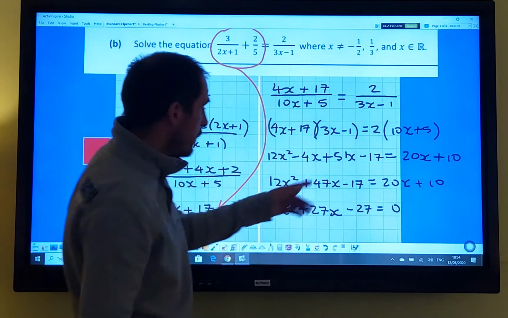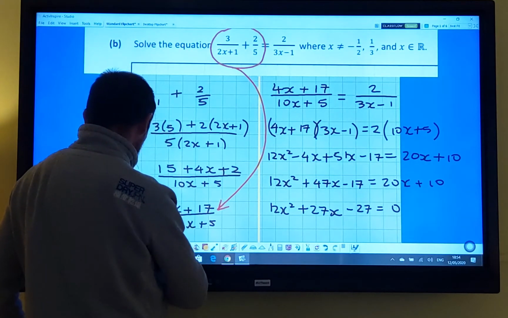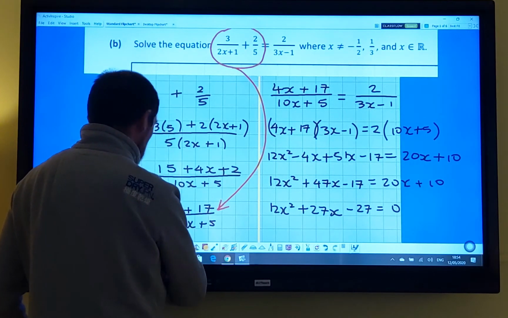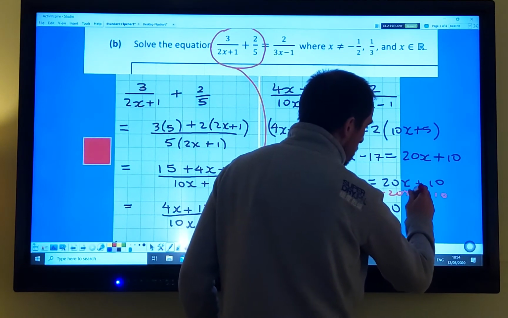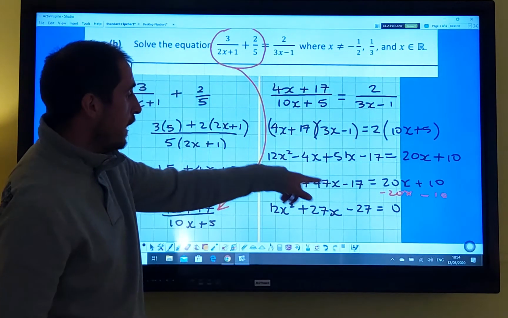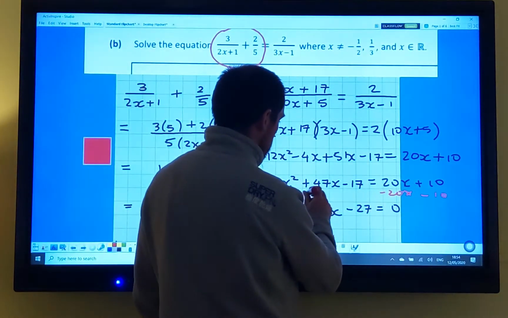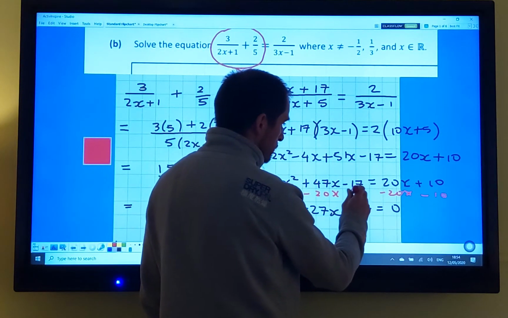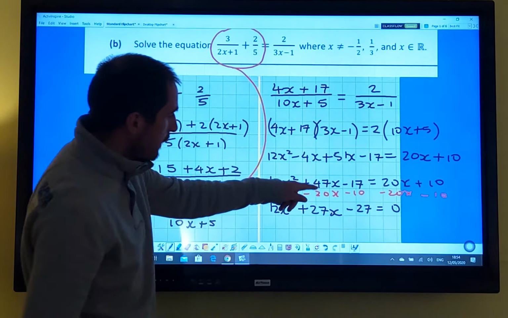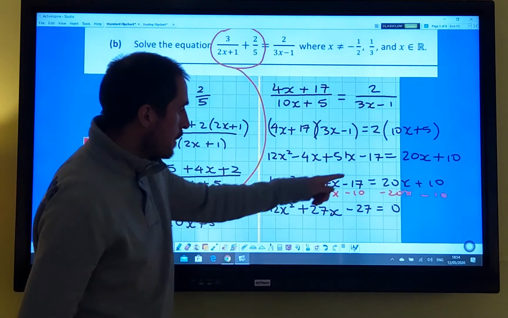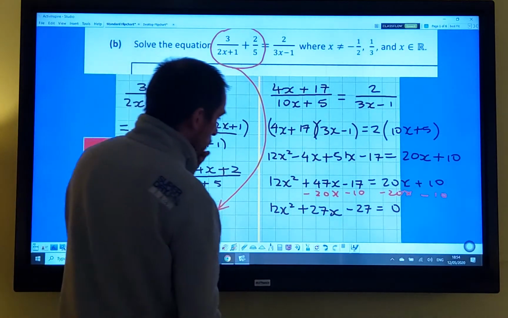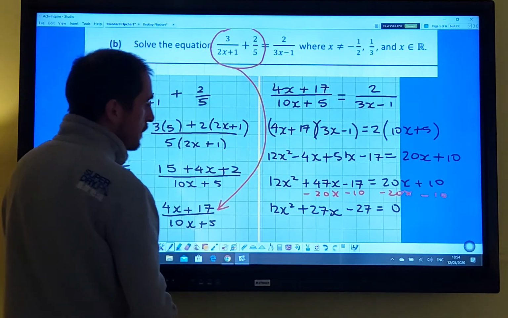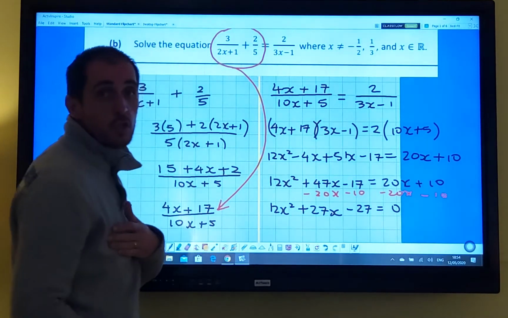If you're wondering where that's coming from, I subtracted 10 and 20x from this side, so I have to do it to the other side. So you can see 47x minus 20x is 27x, minus 17 minus 10 is minus 27. This is what I have here: 12x squared plus 27x minus 27, which is a quadratic.